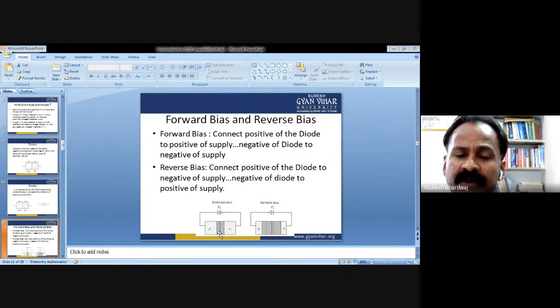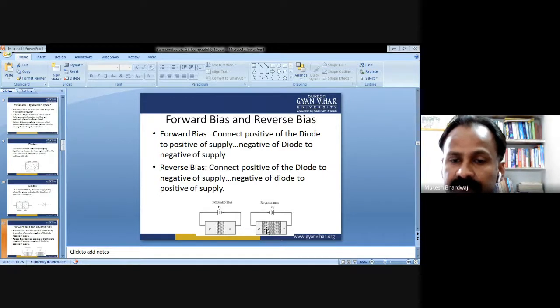In the forward bias case, this depletion width is very small, so the electrons from the n side can cross to the p side, and the holes from the p side cross to the n side, and the current starts flowing.